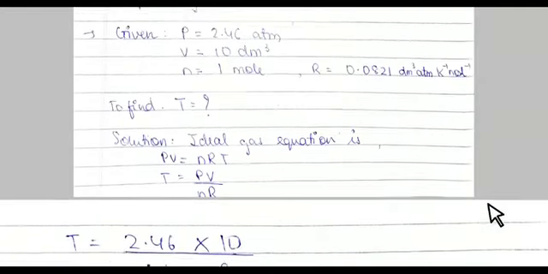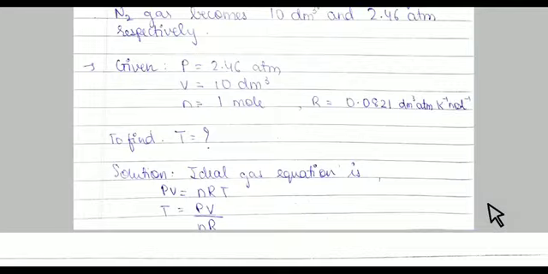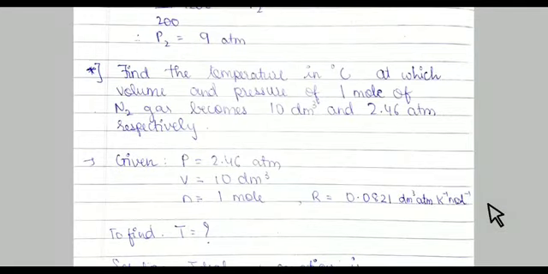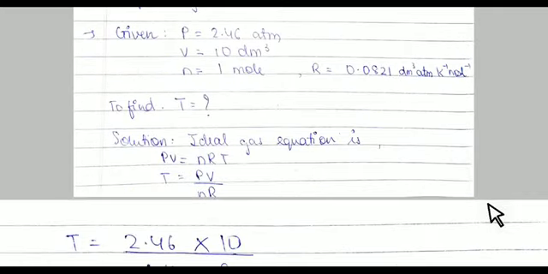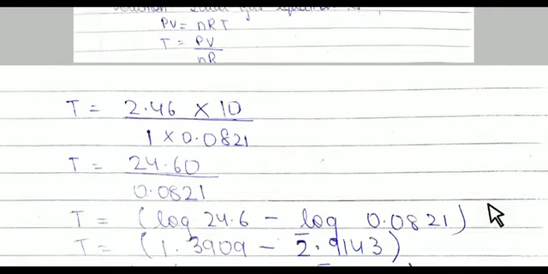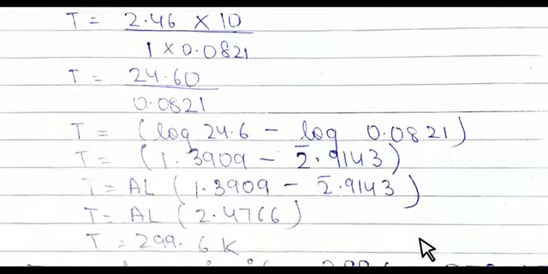Student, in this question, we have to find the temperature in degree Celsius. Volume is given. Always remember decimeter cube is the unit of volume. Pressure is given. Atmosphere is the unit of pressure. Number of moles is given. R is the universal gas constant, and we have to find the temperature. We are applying here the ideal gas equation, which is PV is equal to nRT. Just put the values, apply log and antilog.